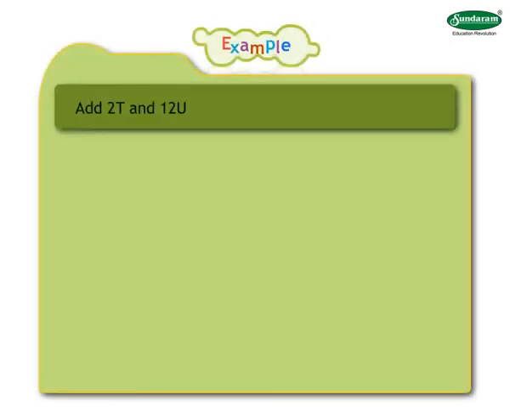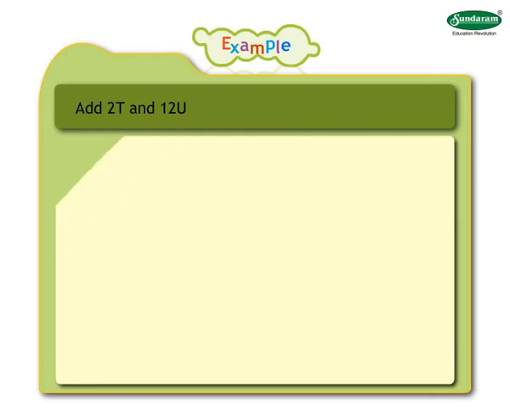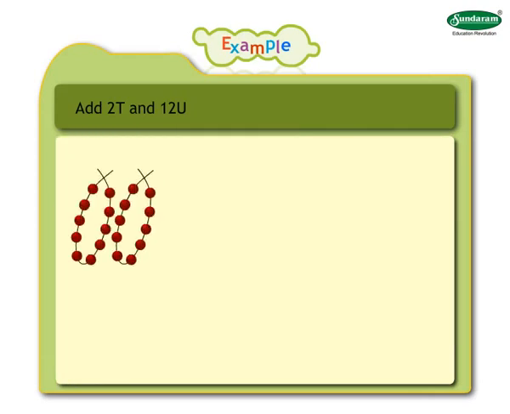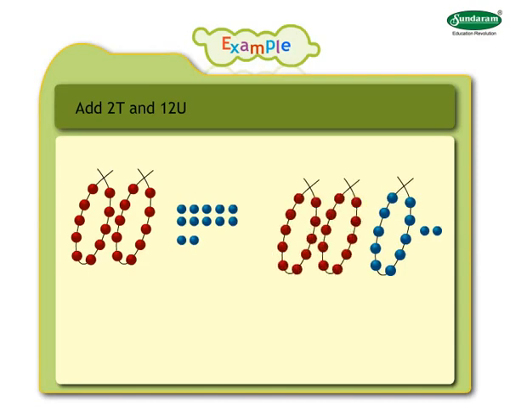Let us take another example. If you have to add 2 tens and 12 units, how will you proceed? Solution: 2 tens are shown as chains of 10 dots each. 12 units means one chain of 10 dots and 2 units. We have 2 tens, 1 ten and 2 units. That is 3 tens and 2 units.